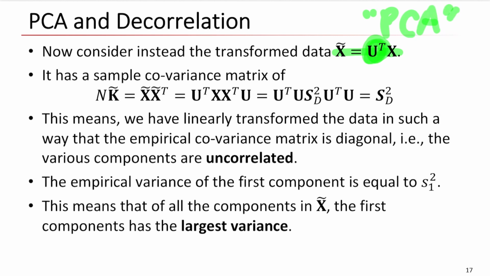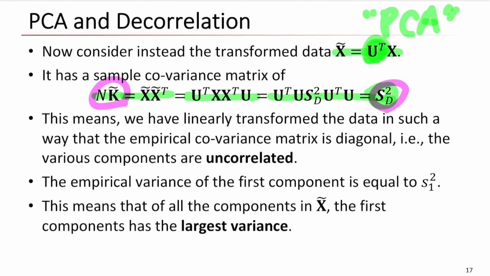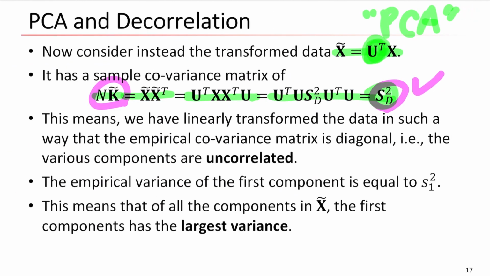Then we have a sample covariance matrix, a new covariance matrix, something like this. Comparing to the previous one, we don't have this U in here, right? Which means we have linearly transformed the data in such a way that the empirical covariance matrix is diagonal, that is, the various components are uncorrelated, right?